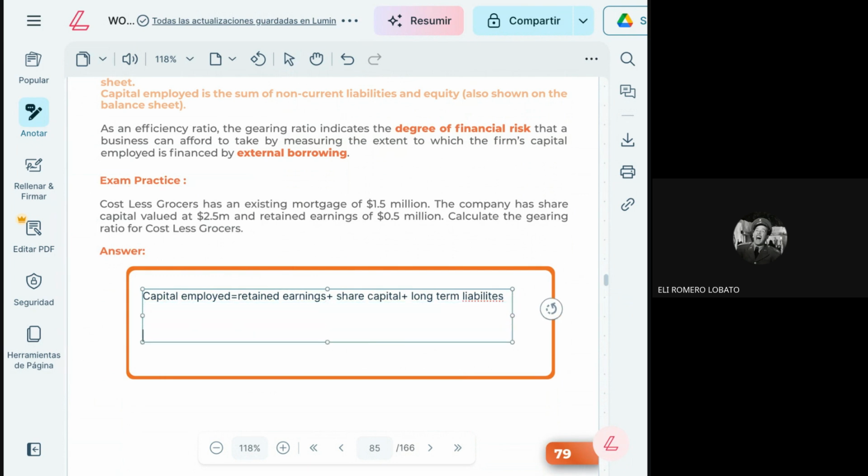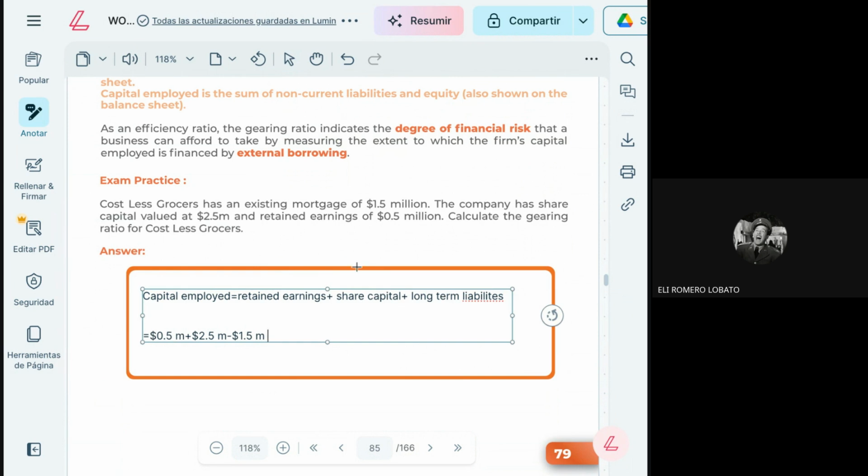Then, in order to substitute, it is equal to $500,000 plus $2.5 million plus $1.5 million, the mortgage.